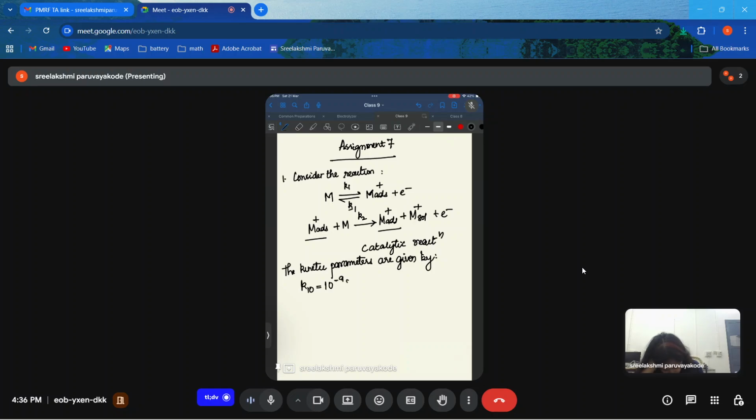k1 0 equal to 10 to the power minus 9 mole per centimeter square per second. b1 equal to 10 volt inverse. k minus 1 0 equal to 10 to the power minus 8 mole per centimeter square per second. b minus 1 equal to minus 10 volt inverse. k2 0 equal to 10 to the power minus 8 mole per centimeter square per second. b2 equal to 10 volt inverse.